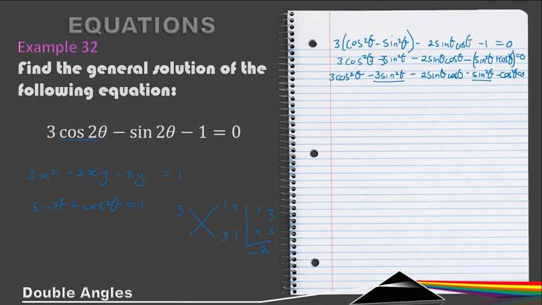So that means we will now have minus 4 sine squared theta, and over here, let's put this one next, the minus 2 sine theta cos theta, and then for this cos and 3, so this is plus 3, and 3 minus 1 gives me plus 2 cos squared theta equal to 0.